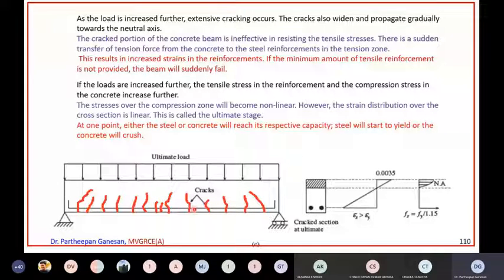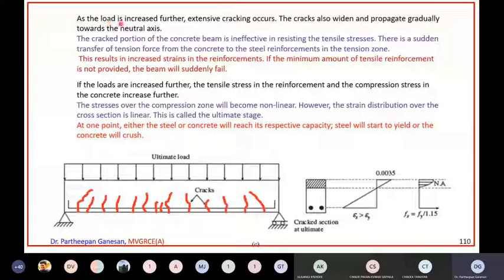So the tensile steel will start taking all the tensile forces. Once the steel is subjected to tensile stress, you can see the strain in the steel becomes more than the yield strain, because the entire tensile force is taken by the steel alone. So your steel got yielded. At that time the stress varies in a curved fashion.